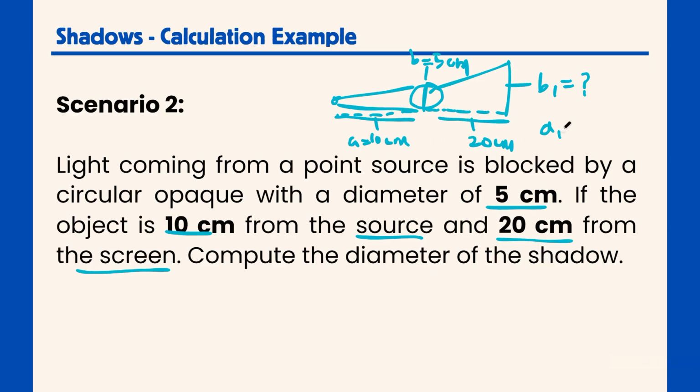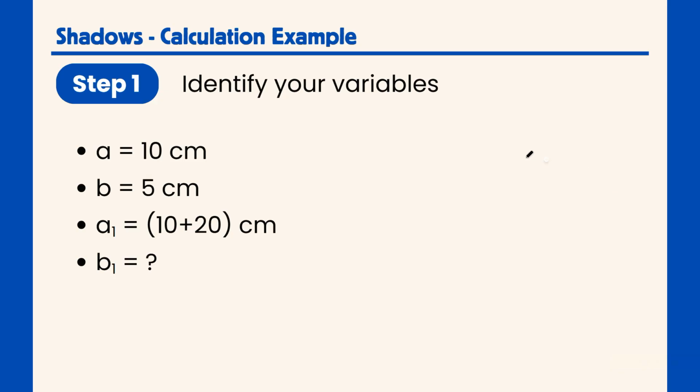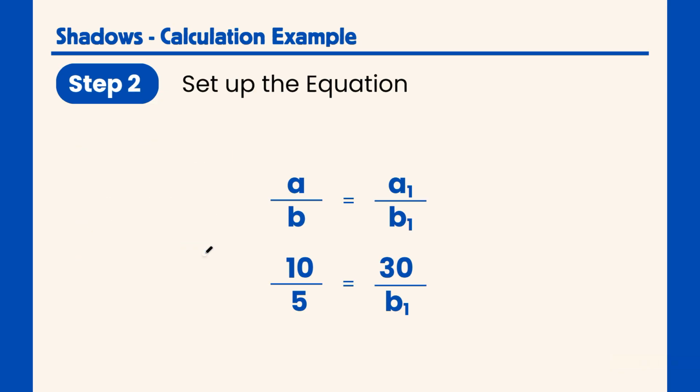So 10 plus 20 is equals to 30. So therefore, our A1 here is 30 centimeters. So we have identified our variables. So A is equals to 10, B is equals to 5, and then A1 is equals to 30 centimeters.